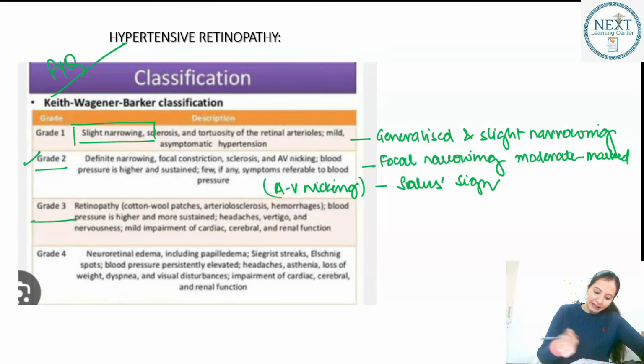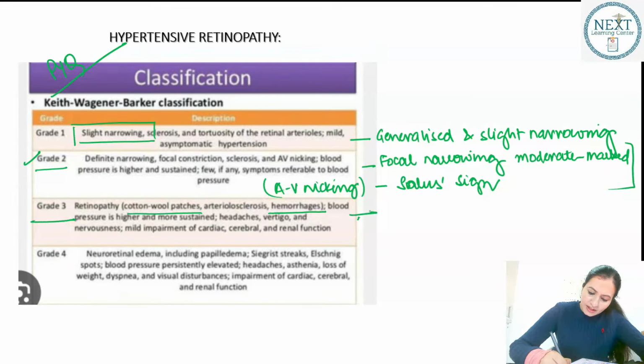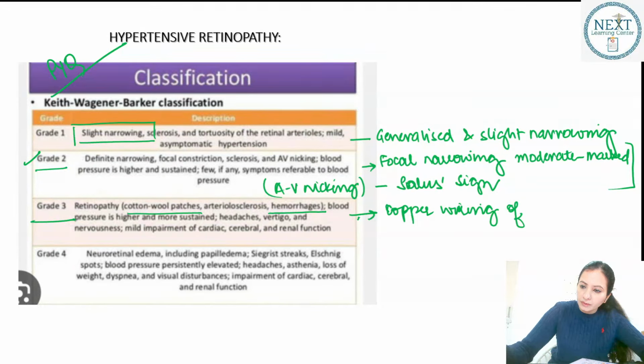Then you have grade 3, in which you can have cotton wool spots and hemorrhages. Along with this, the patient is going to have copper wiring of the arterioles.